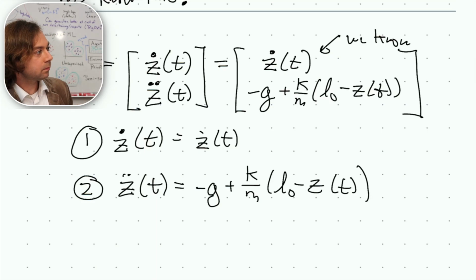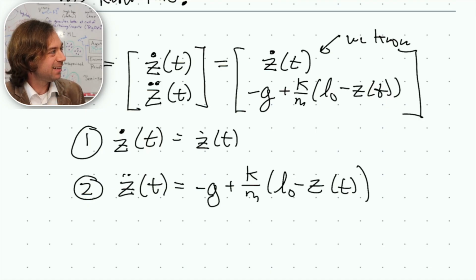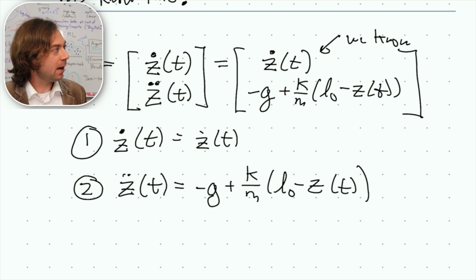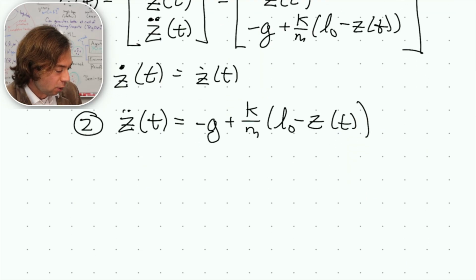That's it. Those are two first-order differential equations. So that means we can use Euler's method. We just have to do it twice in a loop. Every loop we do two Euler approximations.